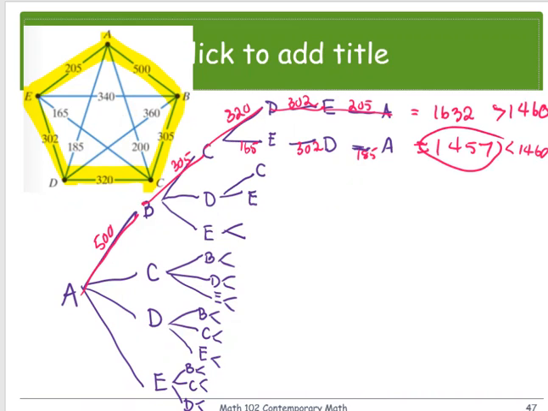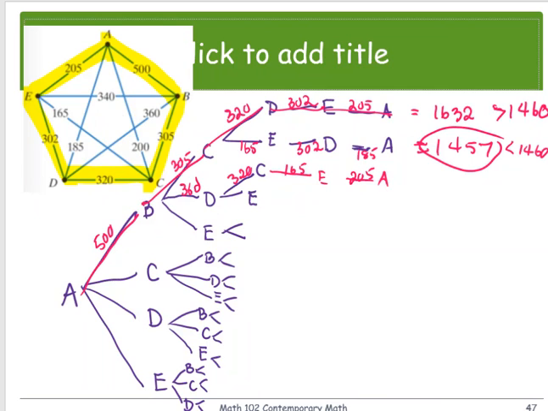But the question is, is this the better option compared to the rest of the possible routes? We don't know. We have to keep going the same way by adding the numbers of the airfare here. So B to D is 360. D to C is 320. And then C to A, B, C, D, next is E, and the last is A. C to E is 165, and then E to A is 205.